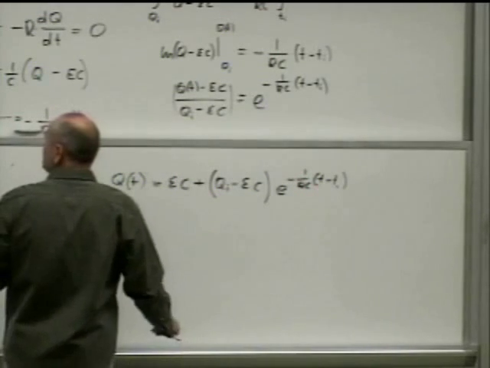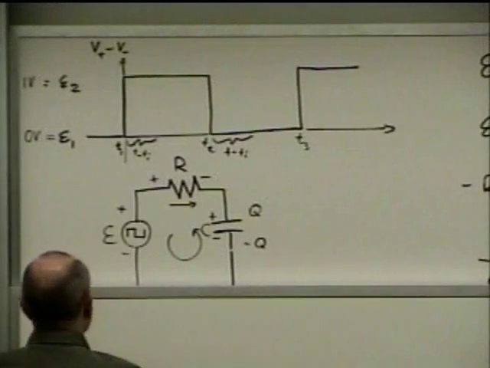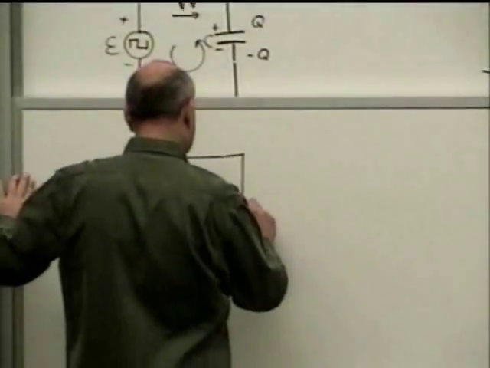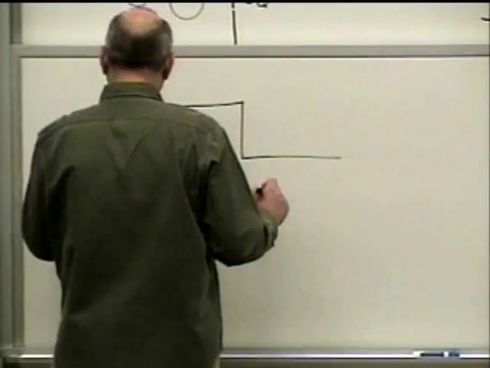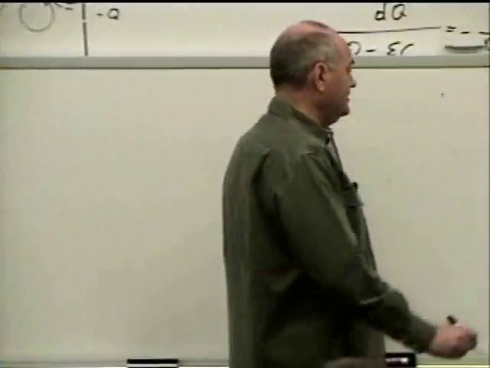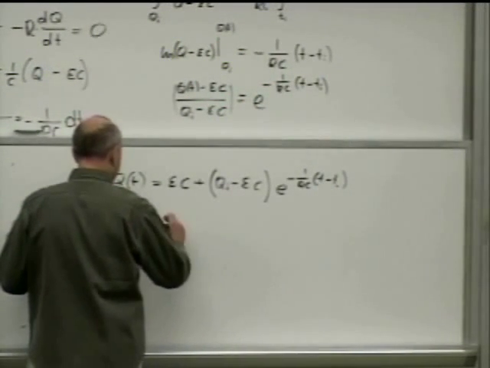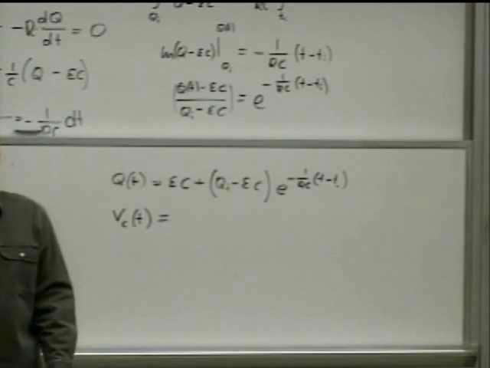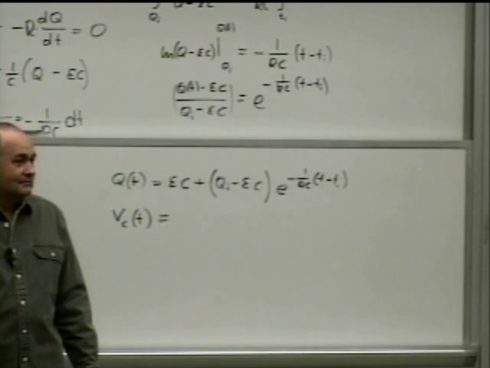All right, how about if we try now to plot it on the background of, well, no, let's go, before that, let's find out what is the voltage across the capacitor. Let's find out how the potential difference across the capacitor varies. How to do that?